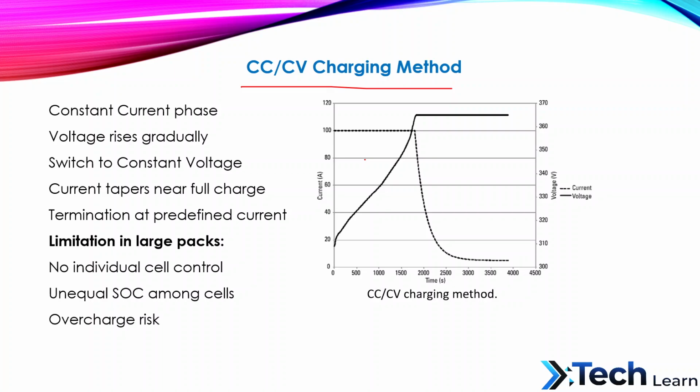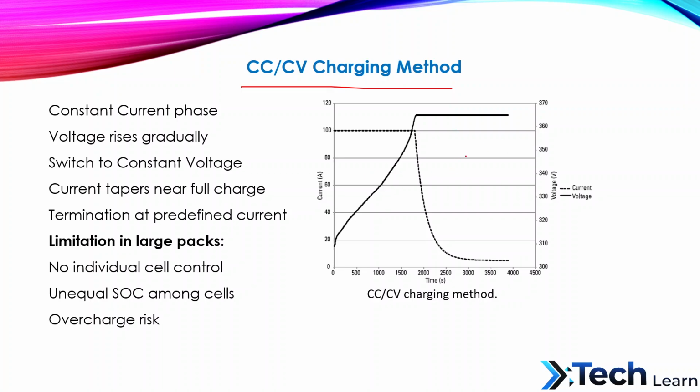During this phase, voltage gradually increases. Once the maximum voltage is reached, the system switches to the constant voltage mode. In the constant voltage mode, the current gradually decreases as the battery approaches full charge. The charging terminates when the current falls below a predefined threshold.